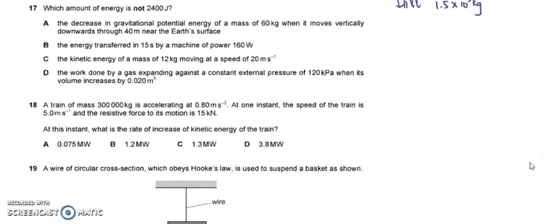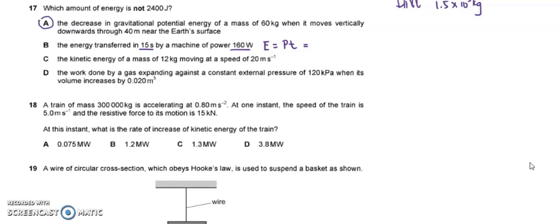Question 17. They want the energy that is not 2400 joule. Right. So the answer is A. We look at them one by one. We look at B. The energy transferred in 15 seconds by a machine of power 160 watt. So we use energy equals power multiplied by time, E equals PT.